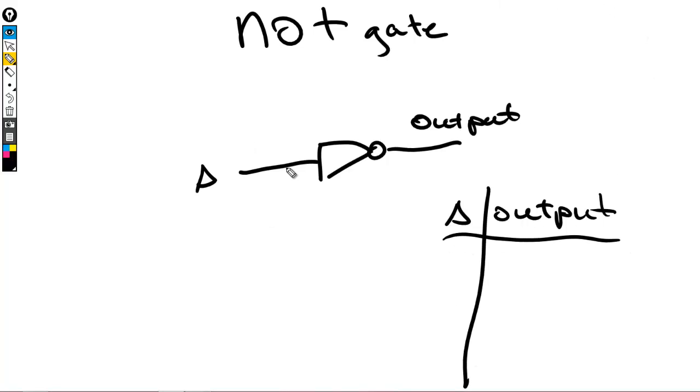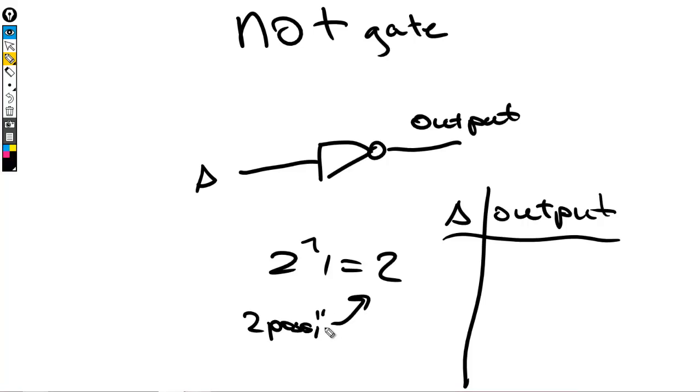Since this is 1 bit, there are only 2 possible inputs, a 0 and a 1. The output of a NOT gate is the inverse of the input, so it's a 1 and a 0. This kind of truth table will allow us to create much more sophisticated circuits later on.